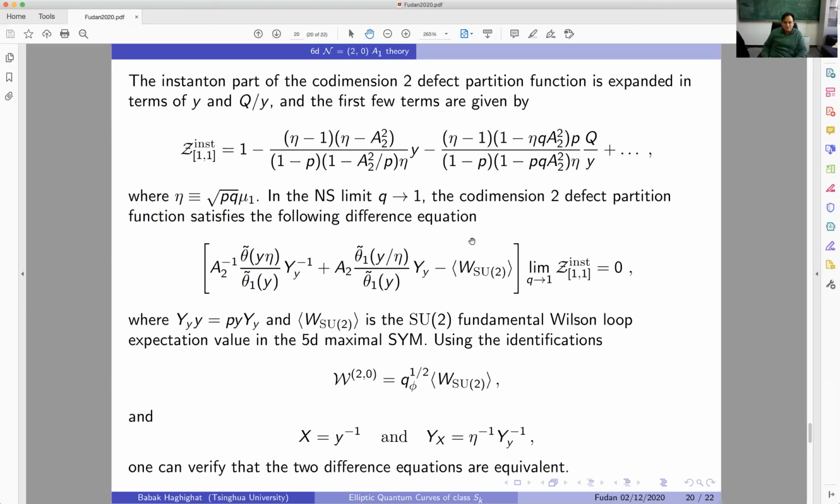I see. So another question is, are there some symmetries in the partition function? For example, it changes epsilon 1 to minus epsilon 2 and epsilon 2 to minus epsilon 1, just like the exchange symmetries in the Cauchy-Weyl formula. Sure.